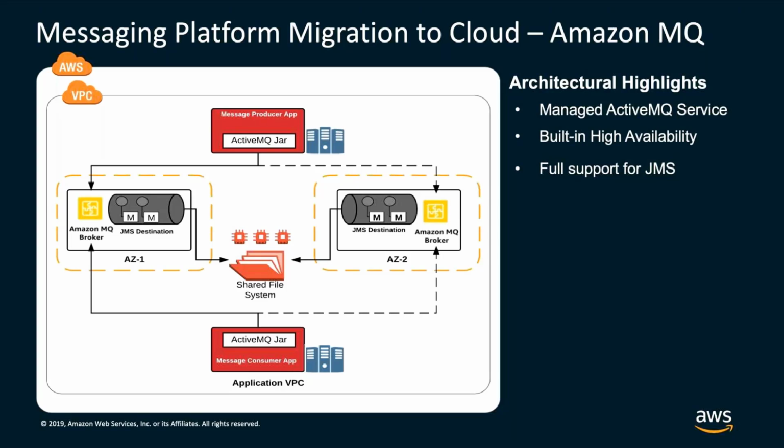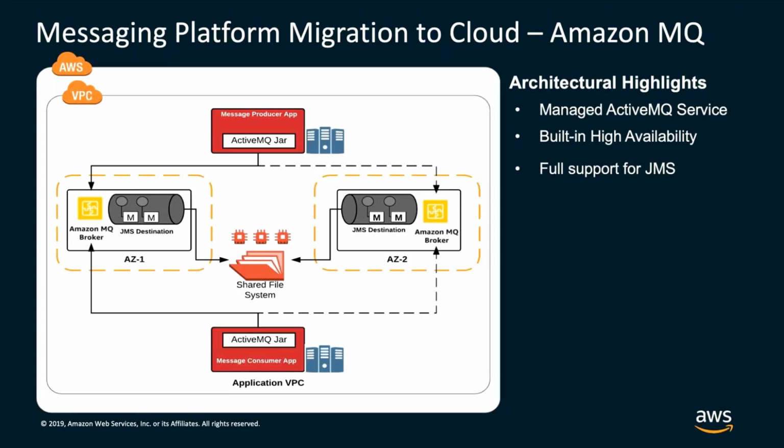Now, the architecture that we use for leveraging Amazon MQ is that we use an ActiveMQ jar as part of our producer and consumer applications, and they interact with Amazon MQ using the master-slave architectural pattern. The key thing to notice here is that the queues are fully compliant JMS destinations, and the message producer and consumer applications are using the ActiveMQ jar.